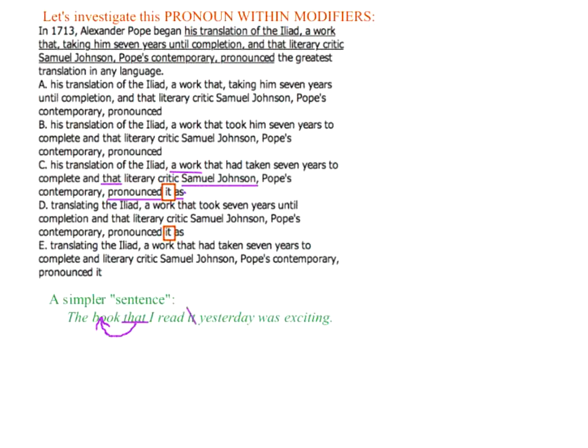So you don't include an it, since you already have that I read referring to the book. Again, this version here is not okay. A correct version of the sentence would be just without the it: the book that I read yesterday was exciting. Because that I read yesterday already refers to the book.